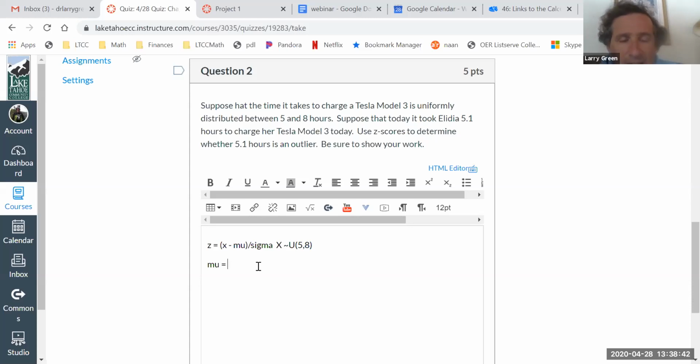And when you have that, what you do to find the mean is you take the average of those numbers. That's going to be 5 plus 8 over 2. What's 5 plus 8 over 2? Close, 6.5. 5 and 8 is 13. Divide by 2, you get 6.5.